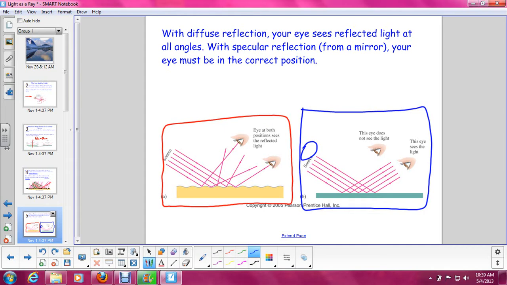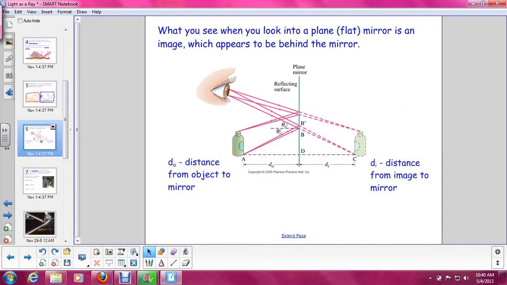For diffuse reflection, that light gets scattered. And I can tell that there's light there, but I can't actually see a picture of the object it's coming from. Now, when you see something in a flat mirror, that object appears to be behind the mirror.